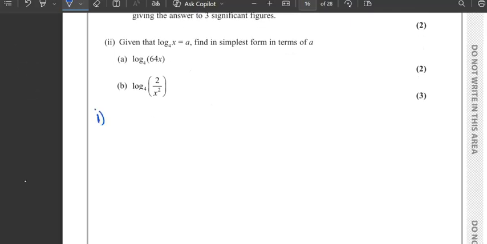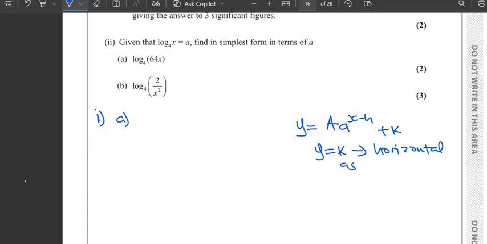I want you to recall that when you are given a function y equals A a^(x minus h) plus k, y equals k gives you the horizontal asymptote.